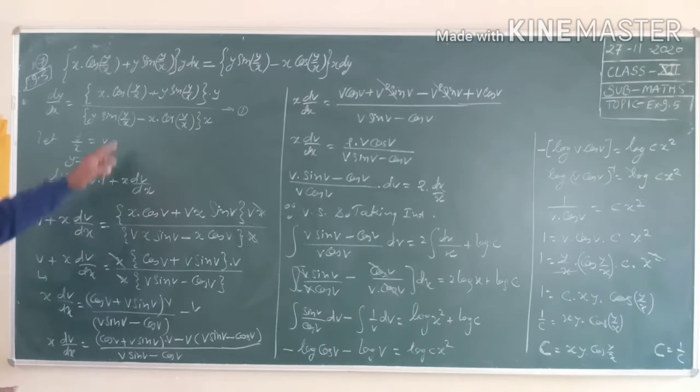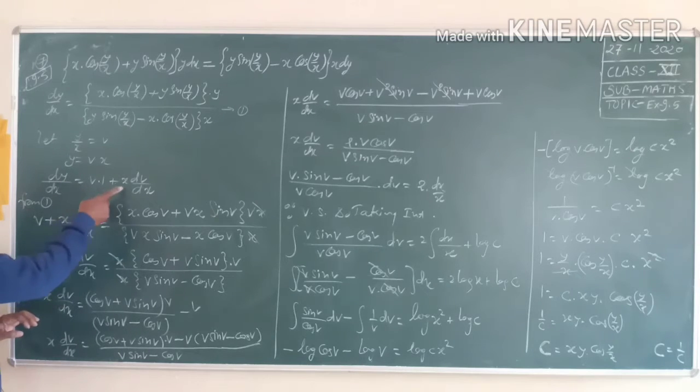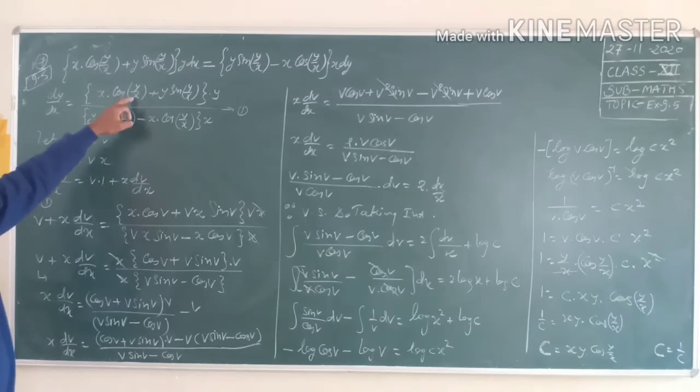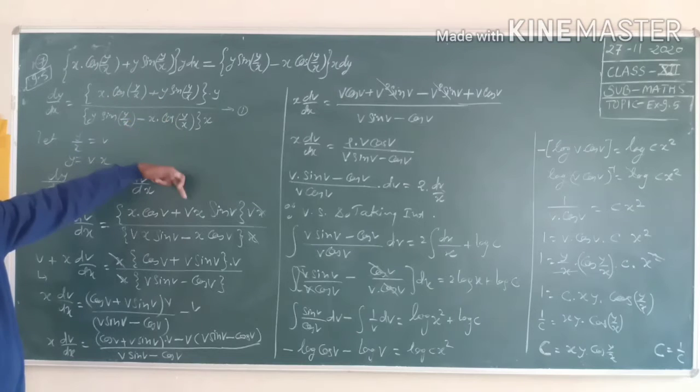In this question put y/x = v, so y = vx and dy/dx = v + x dv/dx. In equation number 1, in place of dy/dx write v + x dv/dx, and y/x is v, y is vx.